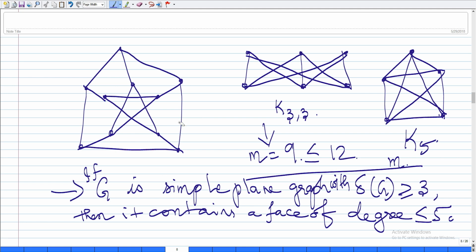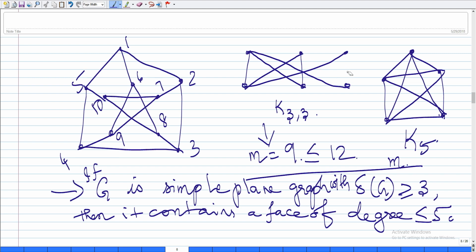Let us be specific, say 1, 2, 3, 4, 5. Now, can you give me a labeling and a subdivision, so that I can simply say that okay, this is a subdivision of K33 inside the Petersen graph.